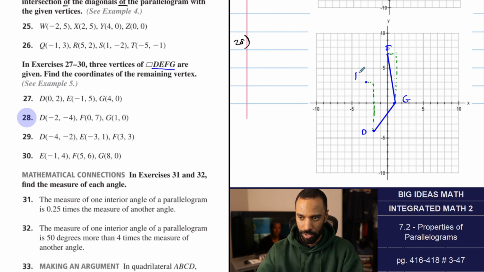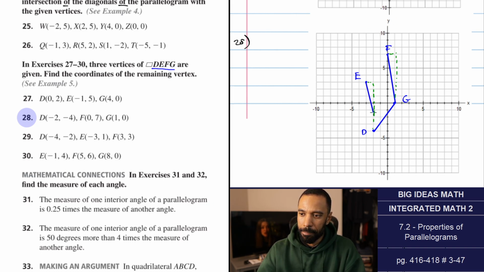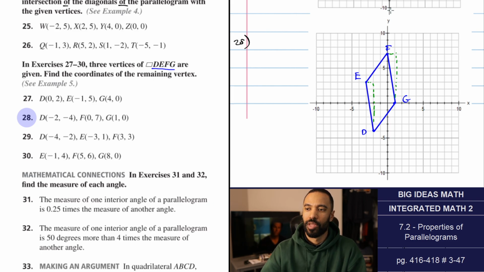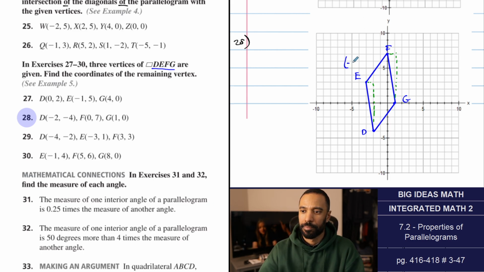We're going to find E. Excuse me, right here. Confirm it. From E to F is up 1, 2, 3, 4, and over 1, 2, 3. D to G is up 1, 2, 3, 4, and over 1, 2, 3. Yep, they're the same. Parallelogram. Oh, what's the ordered pair? Negative 3, 3.